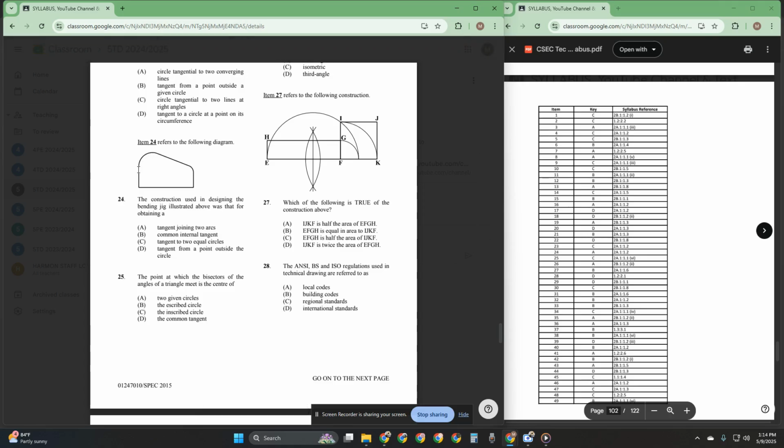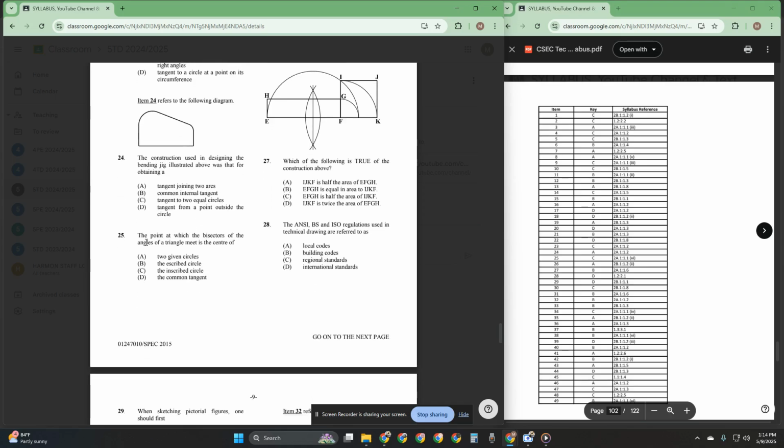That makes sense. So this is the first arc here, and this is the second arc, and this is an external tangent to be specific, touching them.